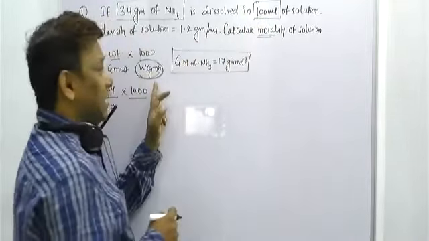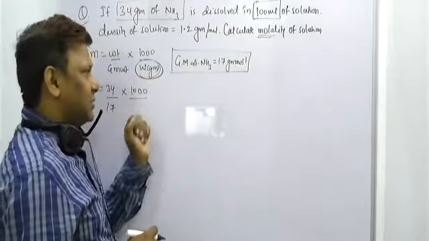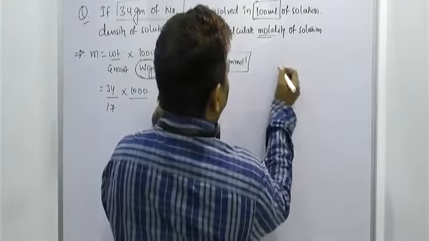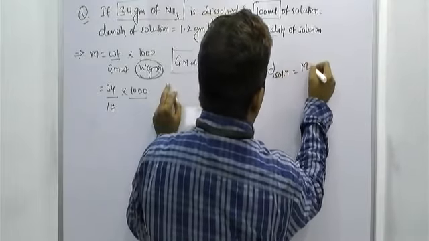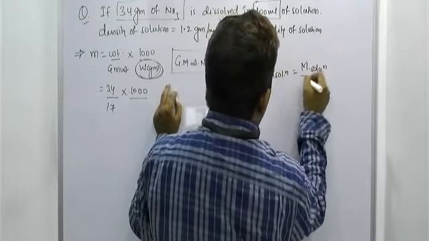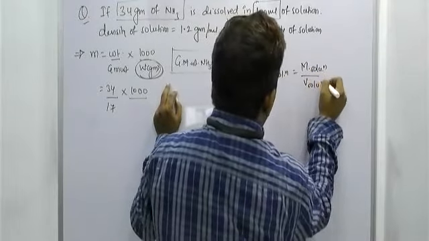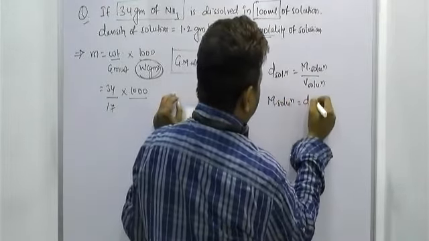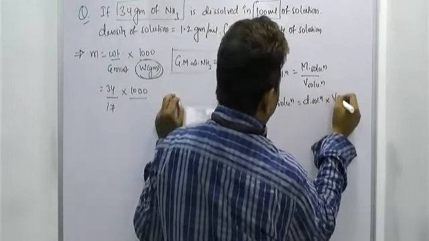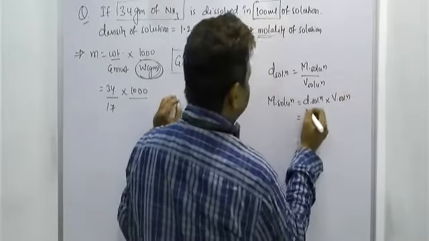How? See here. Density of solution equal to mass of solution by volume of solution. So mass of solution equal to density of solution into volume of solution.